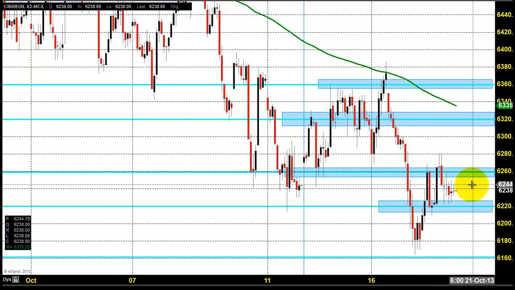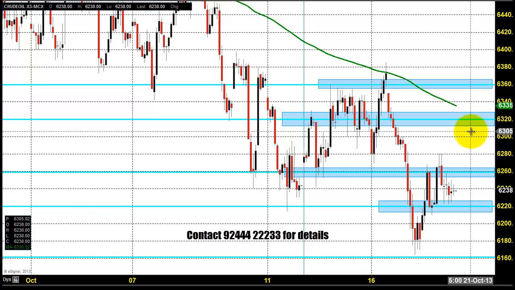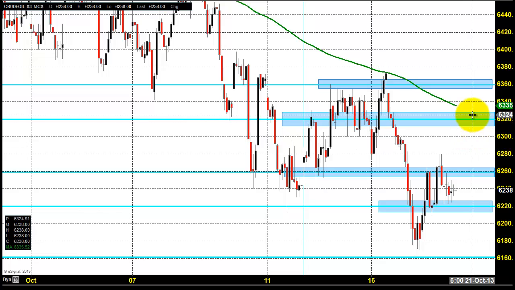In the same way, if the price stays above 6260 here, it will encourage a lot of buyers, and that can push the price to the next zone, where there will be a convergence of moving average in a key resistance zone. That will make this area a very special area.